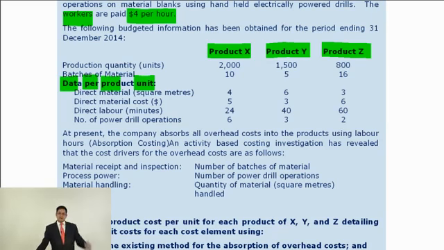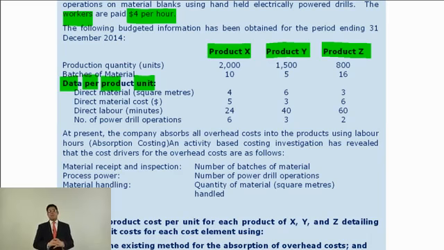Meaning now onwards any information below in this table relates to 1 unit of X, 1 unit of Y and 1 unit of Z. Meaning how much direct material in square meters in 1 X, Y, Z, direct material cost in 1 X, Y, Z in dollars, and then direct labor in minutes and number of power drill operations in 1 X, Y and Z.